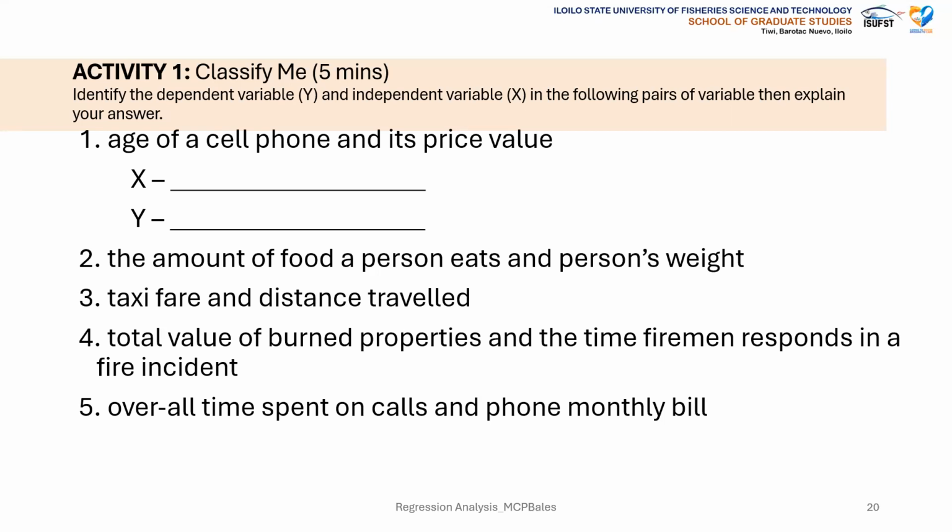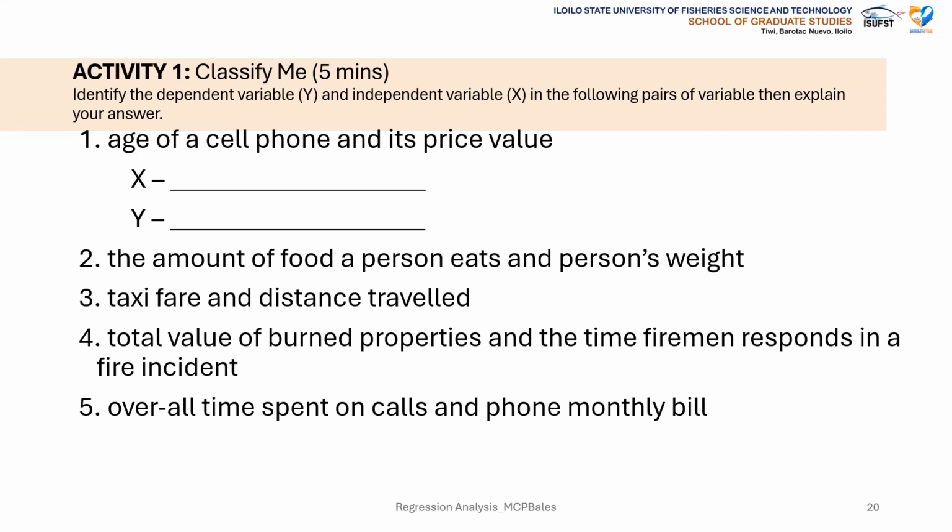Okay, according to Ma'am Abigail, the independent variable is age of a cell phone, and price value is the dependent variable. I agree. The independent variable should be age of a cell phone, and the dependent variable is price value, because it is the age of the cell phone that predicts the price.